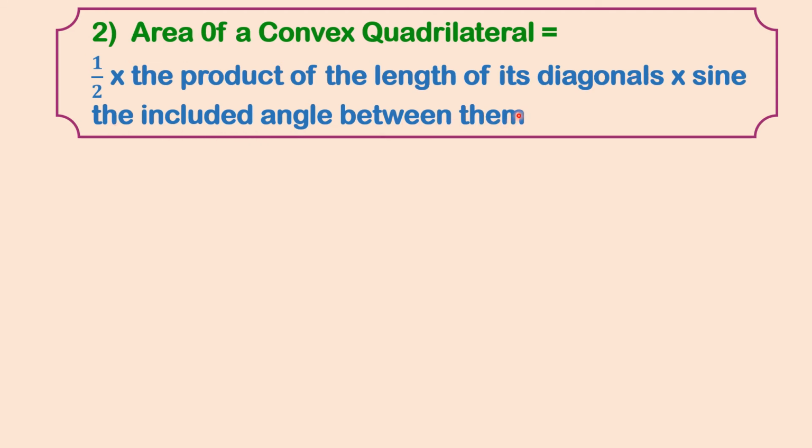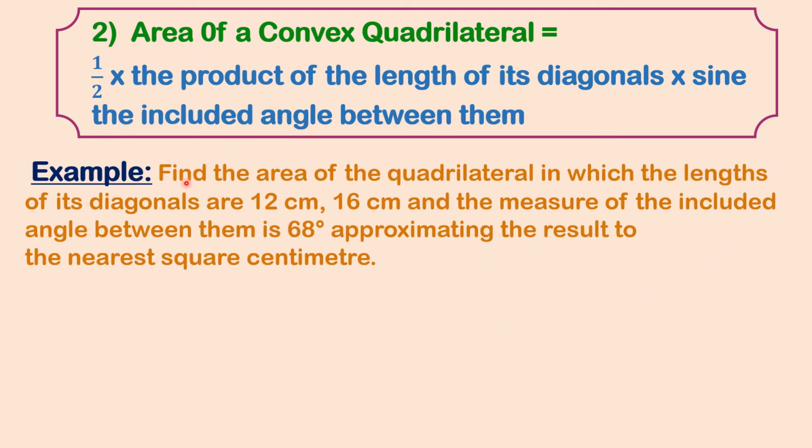For example, find the area of the quadrilateral in which the lengths of its diagonals are 12 centimeters and 16 centimeters, and the measure of its included angle between them is 68 degrees, approximating the result to the nearest square centimeter.